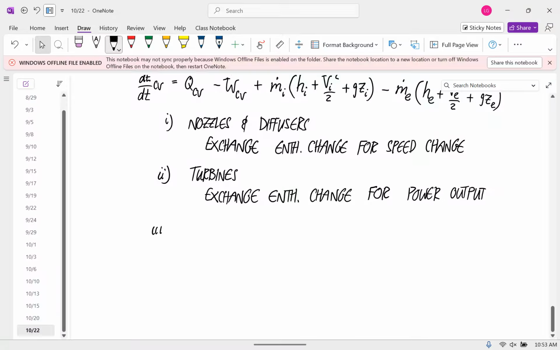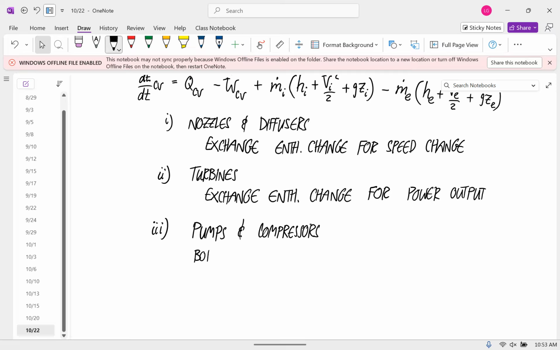And then we talked about pumps and compressors. Pumps are for liquids, compressors are for gases.